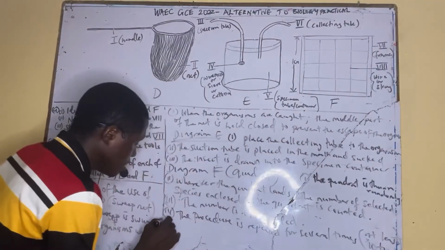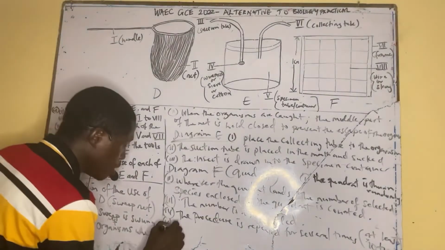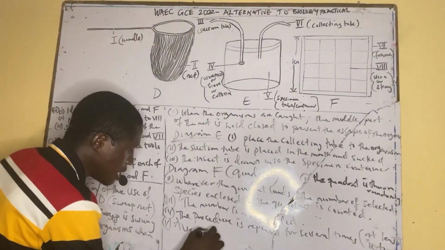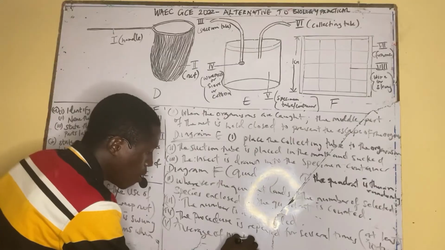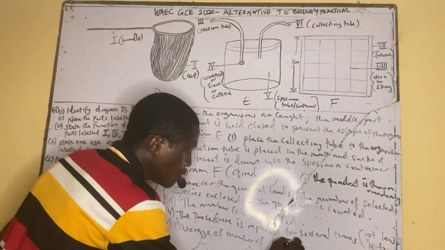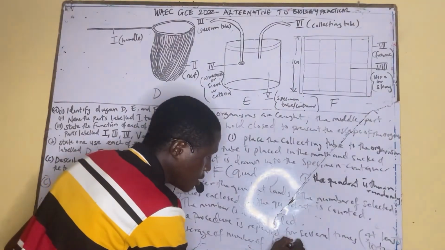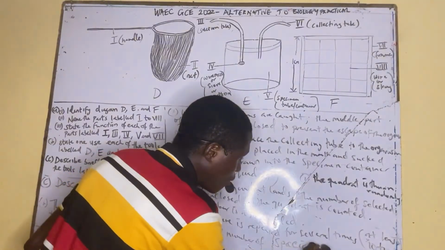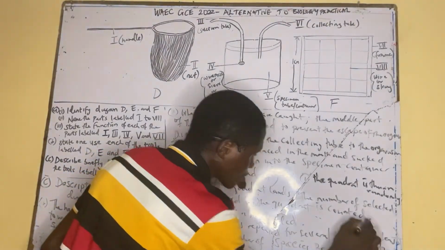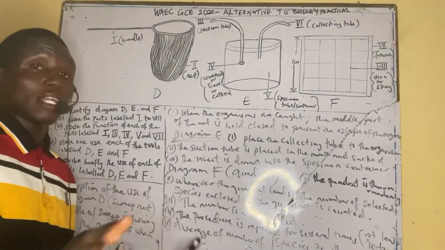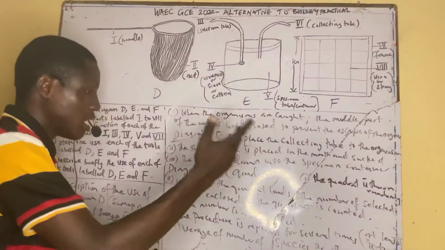After that, you can now calculate the average number of species per throw. So that's how you use it.